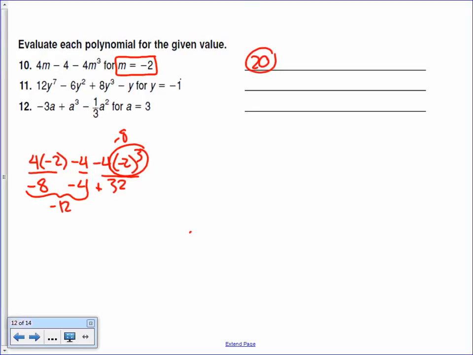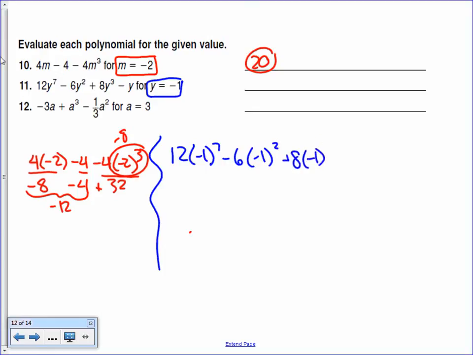Number 11, I need to plug in negative 1 in for y. So we have 12 times negative 1 to the 7th minus 6 times negative 1 to the 2nd plus 8 times negative 1 to the 3rd minus a negative 1. Okay?